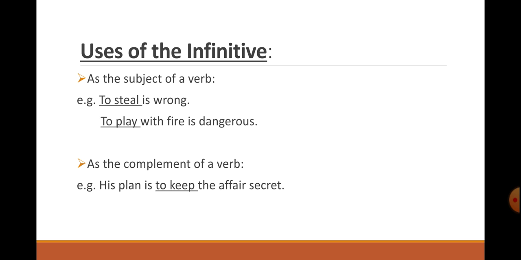Again, the infinitive can be used as a complement of a verb. For example, his plan is to keep the affair secret. Now, in this example, to keep is the infinitive, to plus V1, and it works here as a complement of a verb.